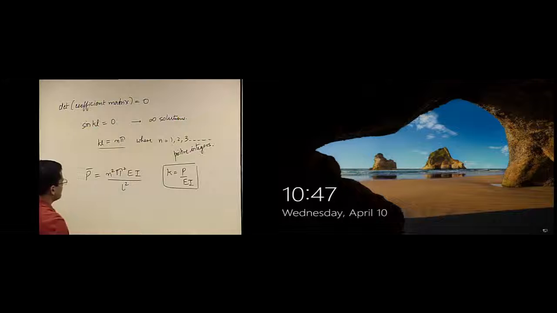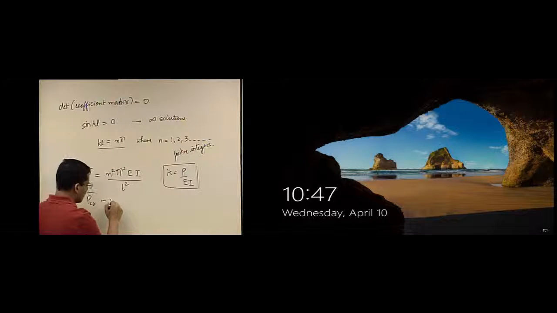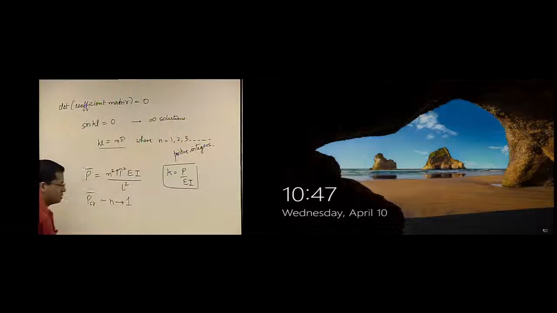So P bar becomes n square pi square EI over L square, and the critical load we define when n is equal to 1.